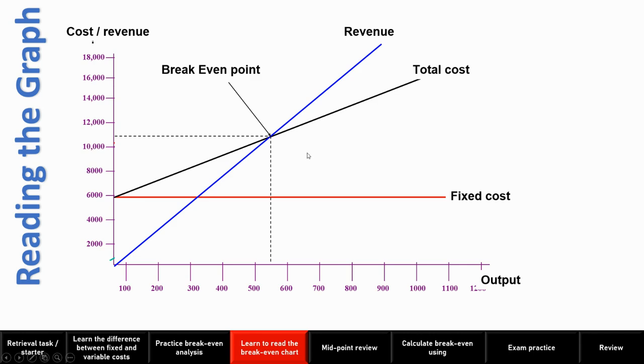If it manages to make more than 550, then its revenue line is above its cost line, it's making a profit. But if it doesn't manage to sell 550, then you can see here the costs are above the revenue, it's making a loss.